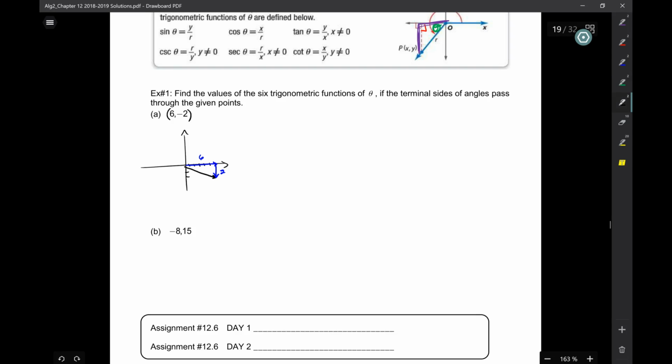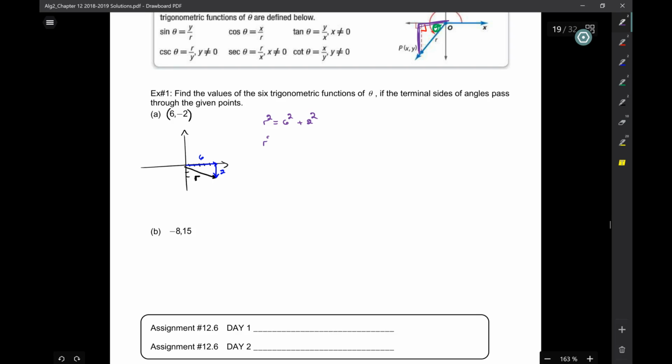Now, is there any way I could calculate the radius? How can I calculate it? Pythagorean theorem, our favorite theorem in the world. So r squared is equal to 6 squared plus 2 squared. Does it matter if I do negative or positive 2 squared? No, because I'm squaring it.